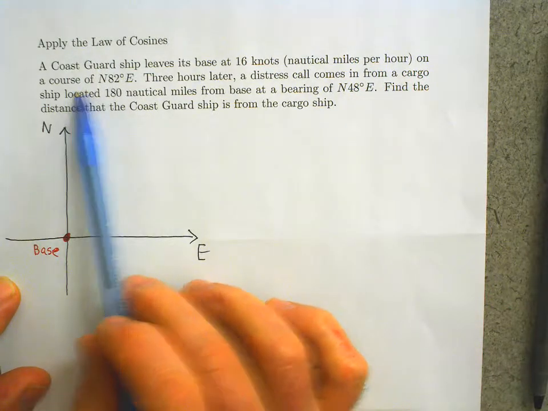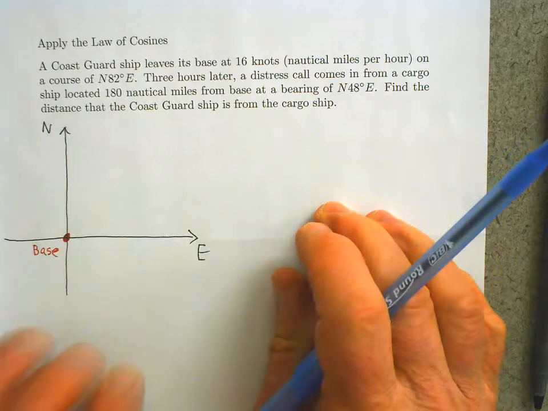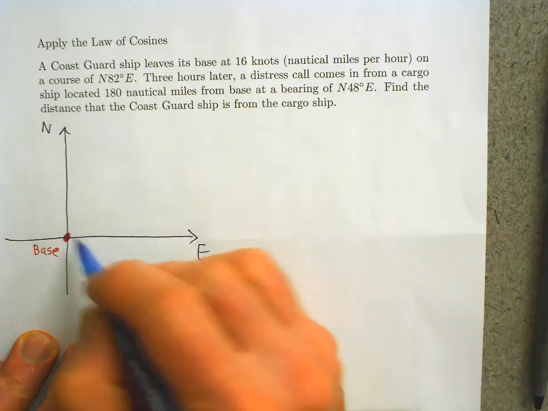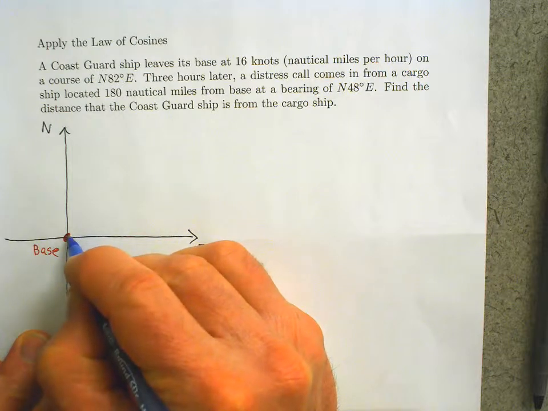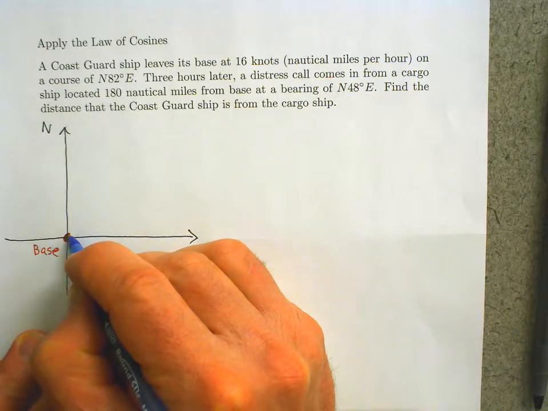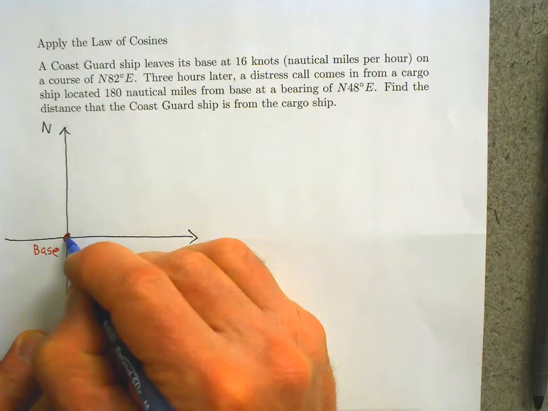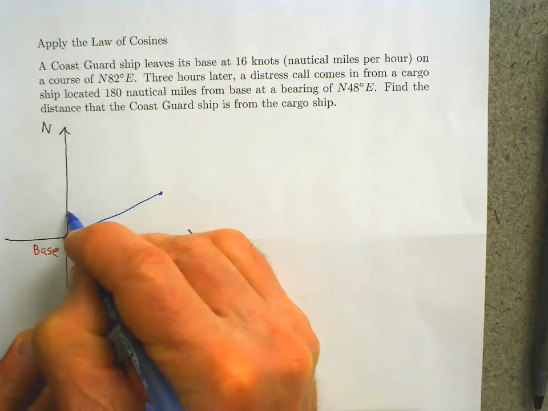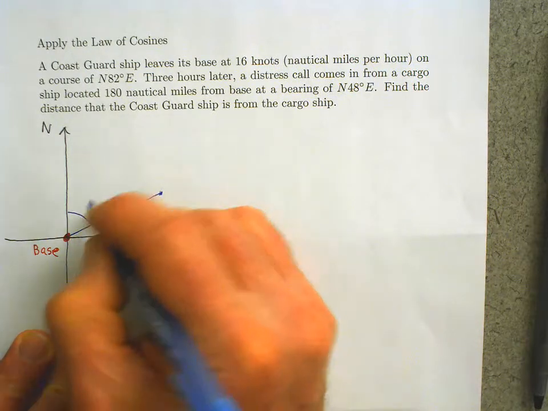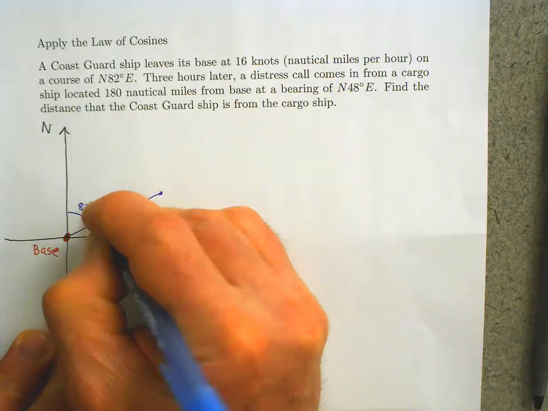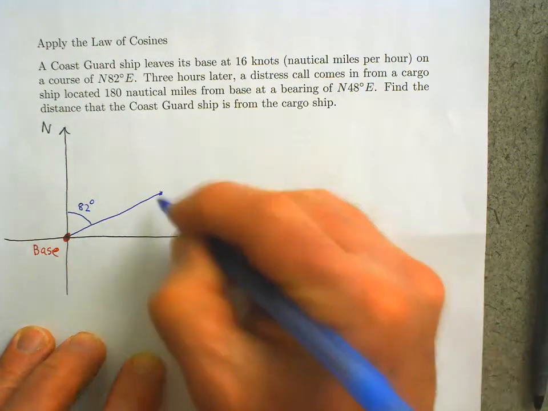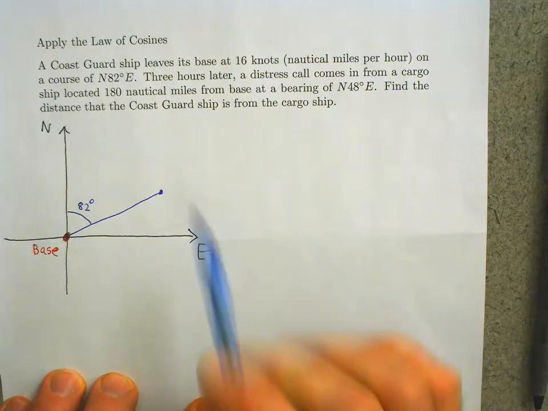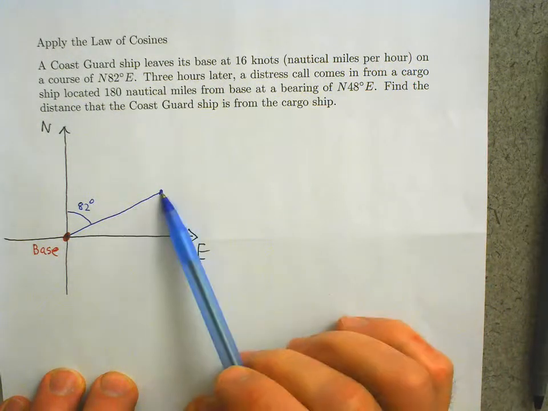Okay, so the course is north 82 degrees east. So from the north, 82 degrees in the easterly direction. So it's 8 degrees short of 90 degrees. So it's something like this. So this angle is 82 degrees.